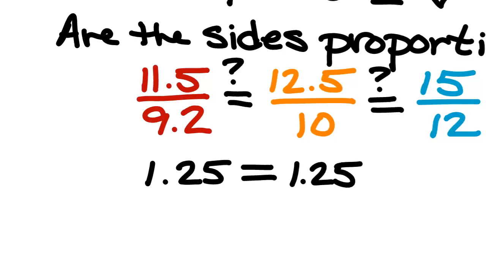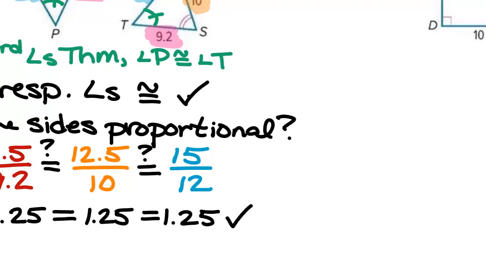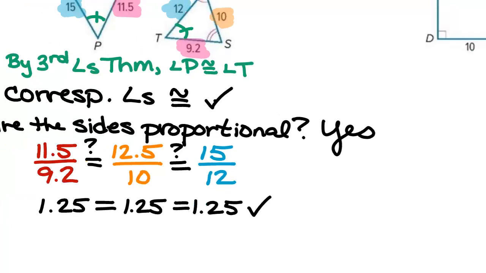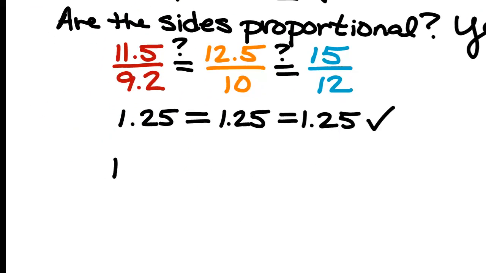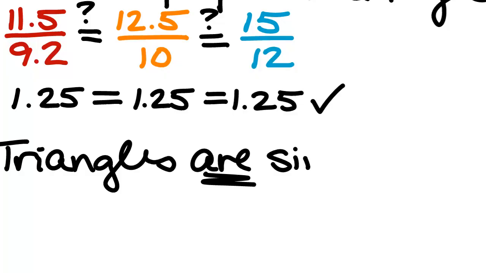Is that enough for me to say that the sides are proportional? No, you got to check the third one also. What is 15 divided by 12? 1.25 again. So are my sides proportional? Yes. What does that mean about my figures? Yes, the triangles are similar.